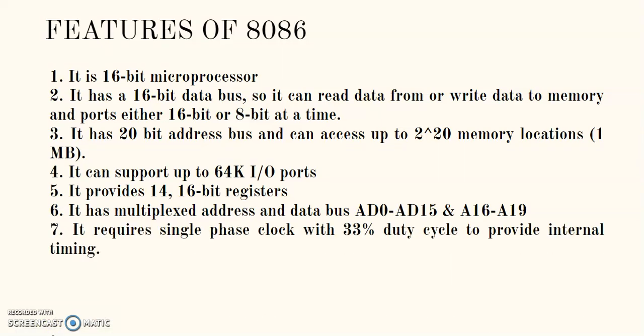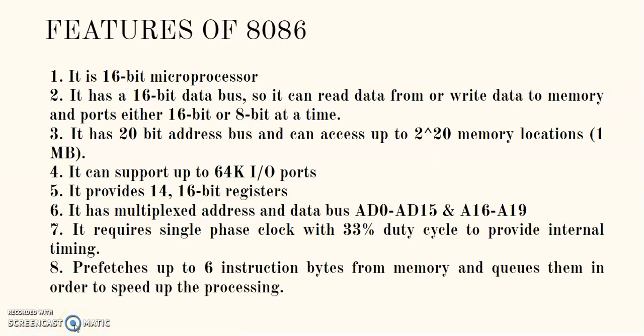Now, to have synchronization between various activities taking place in 8086, like read, write and so on, it requires a clock. So 8086 uses a single phase clock with 33% duty cycle to provide the internal timing.